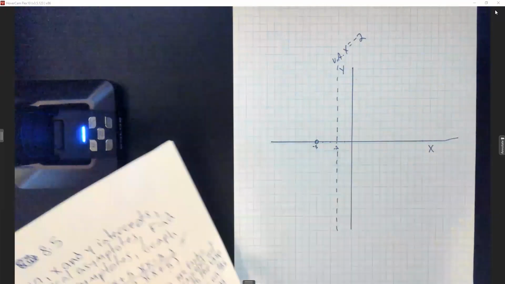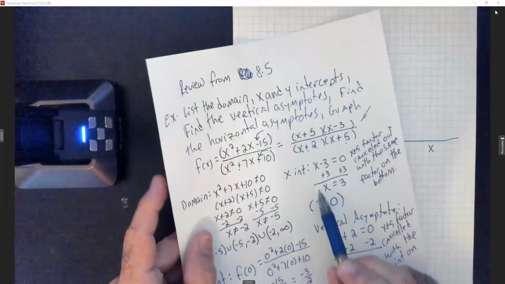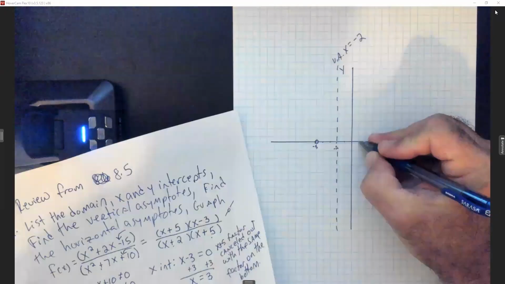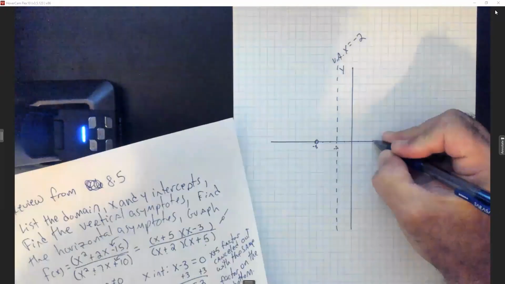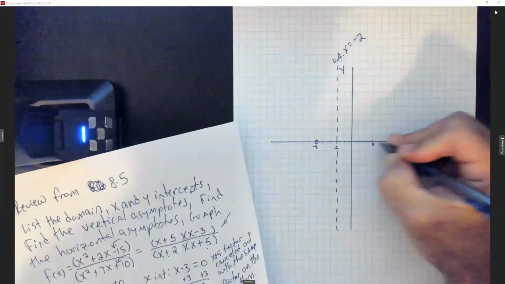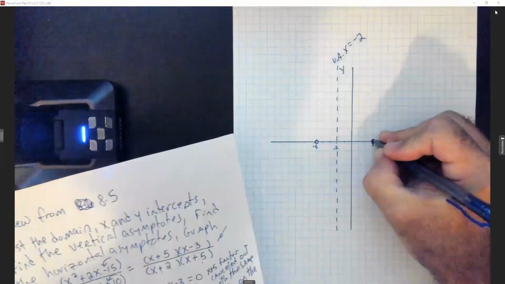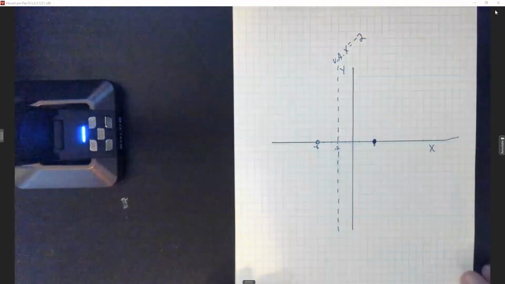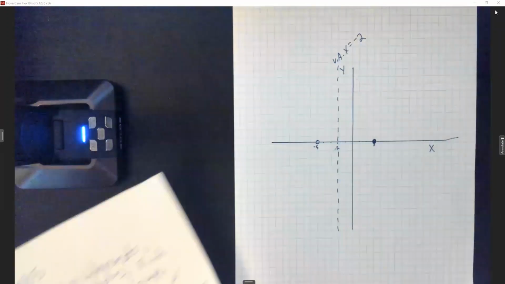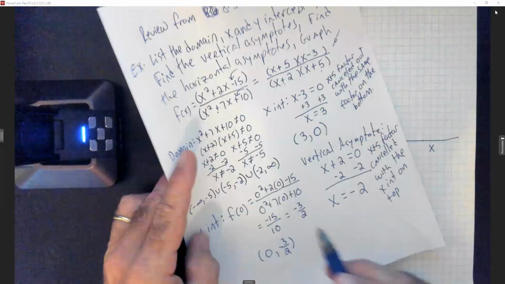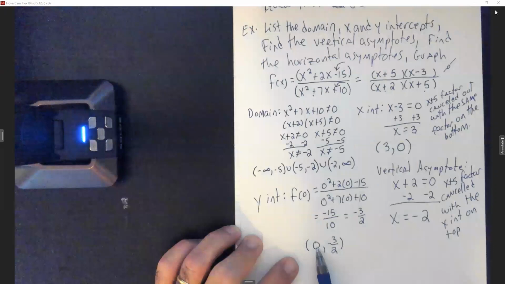So we found an x-intercept. We said the x-intercept was (3, 0). So over here at +3, we got 1, 2, 3. So here's +3. We know it's crossing that line right there. Okay. Now, what did we find next? We found over here a y-intercept. We said the y-intercept was (0, -3/2).